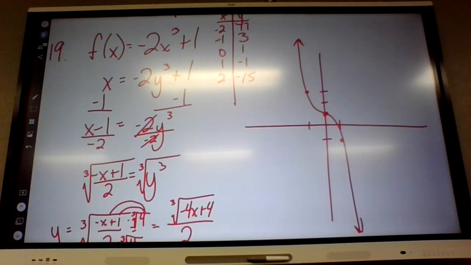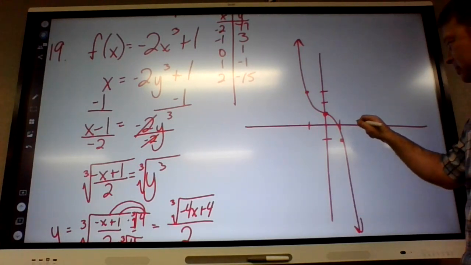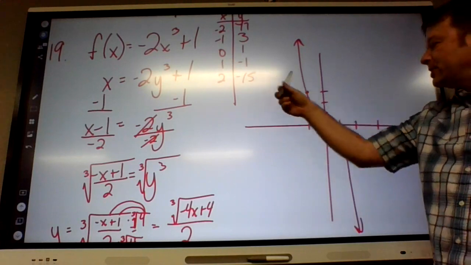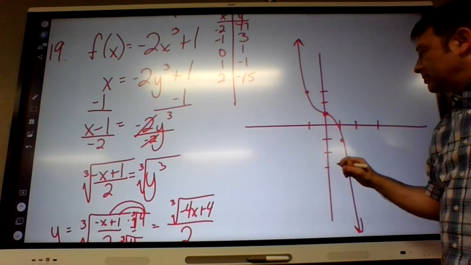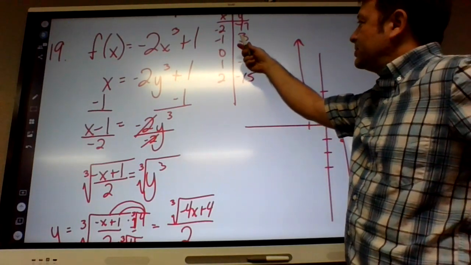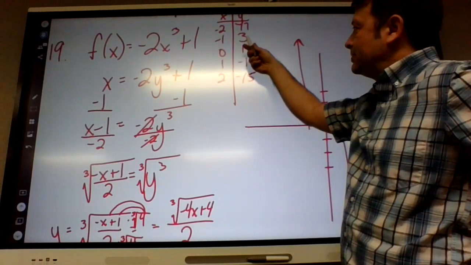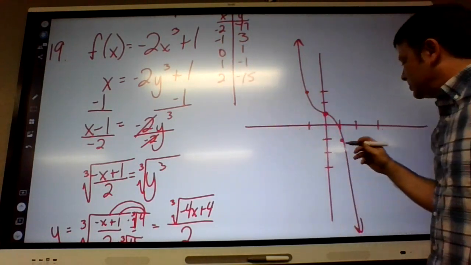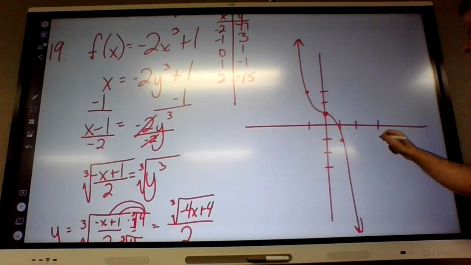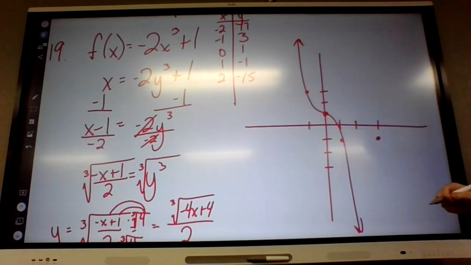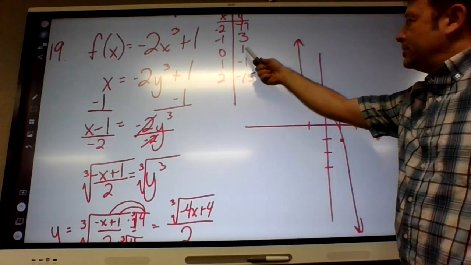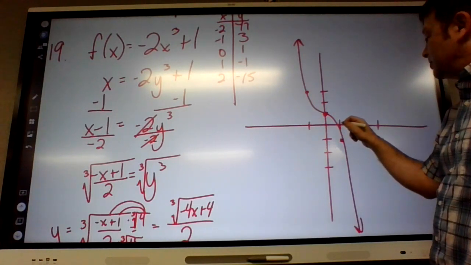Okay, when we graphed the inverse, we cheated. How did we cheat? Well, I didn't make a table. What did I do? We flipped the x and y values. So instead of negative 1, 3, the inverse should have 3, negative 1. Instead of 0, 1, the inverse should have 1, 0.